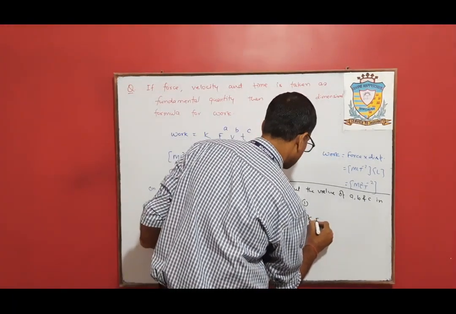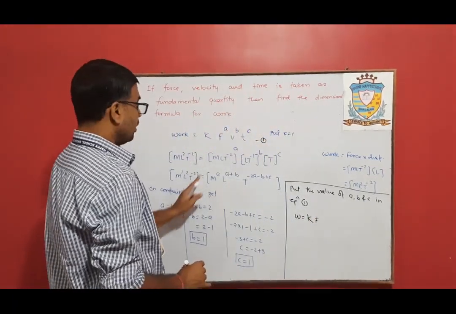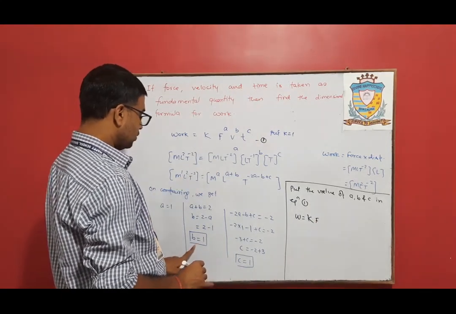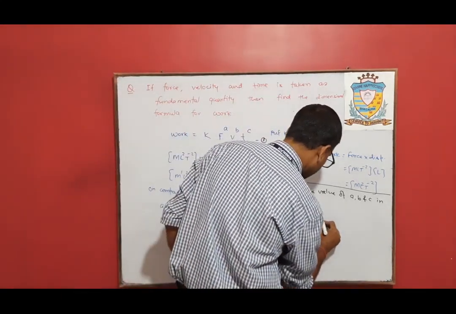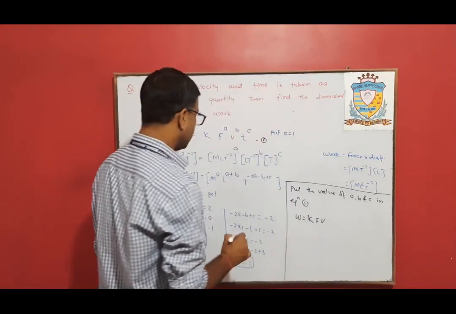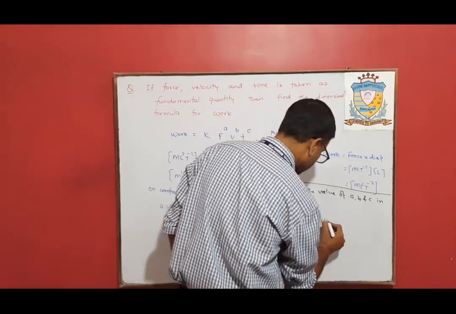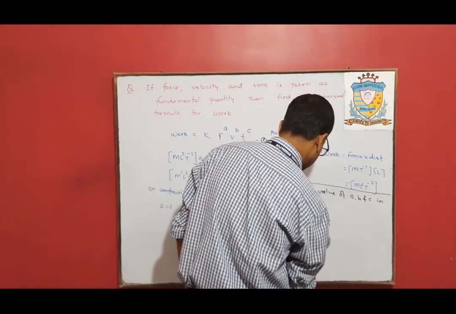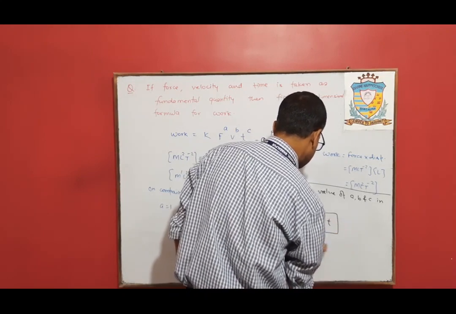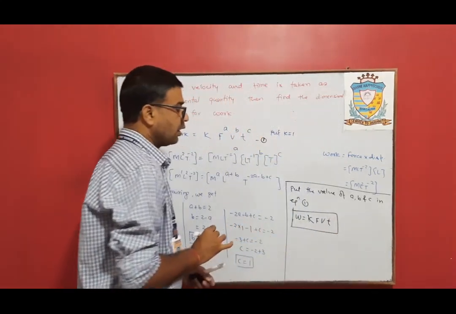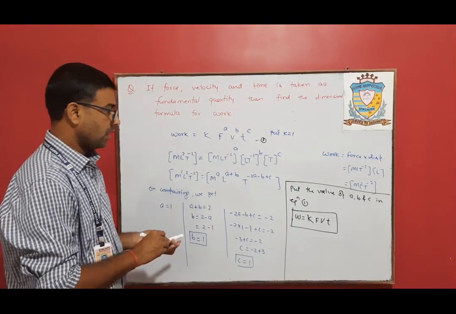So F. V raised to the power B, so value of B is again 1. So V. And T raised to the power C, again it is 1. So T. So W can be written as F V T.